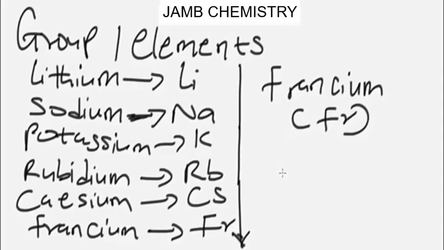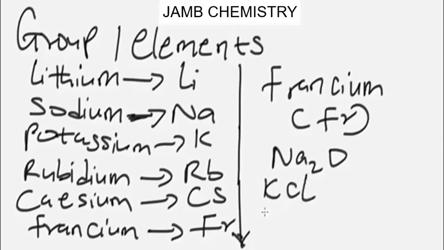And again, group 1 elements are called alkali metals. They form ionic compounds with non-metals. For instance, when sodium reacts with oxygen, you have sodium oxide. When potassium reacts with chlorine, you have potassium chloride.